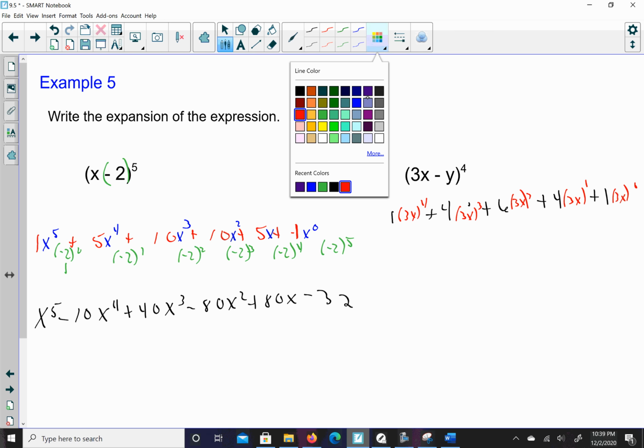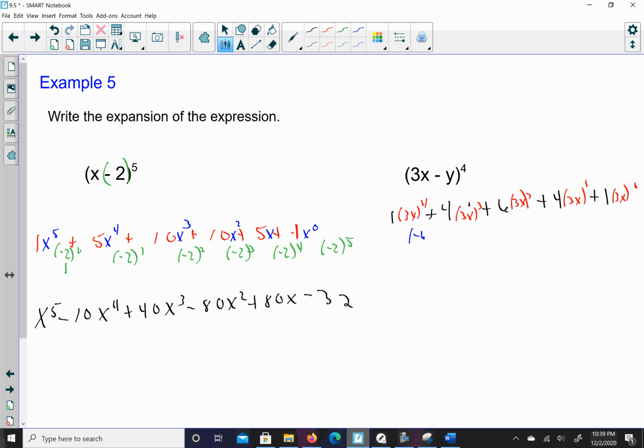And then the last one will be this negative y. So this will be negative y to the 0, negative y to the first, should put that in parentheses, negative y squared, negative y to the third, negative y to the fourth. Remember, at any time that 1 plus 3 has to equal 4.